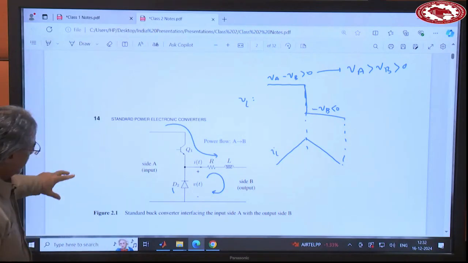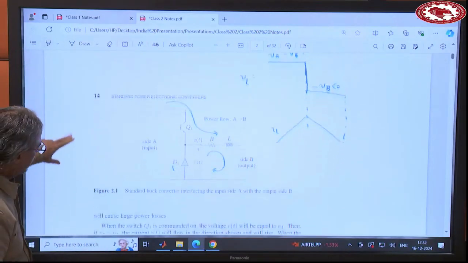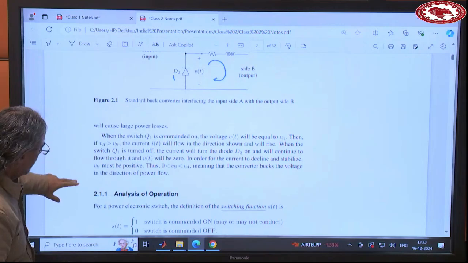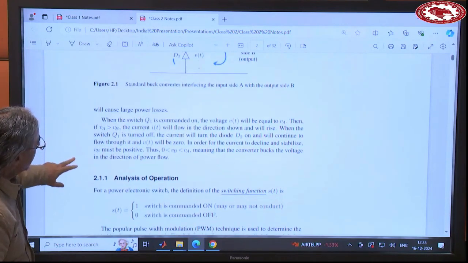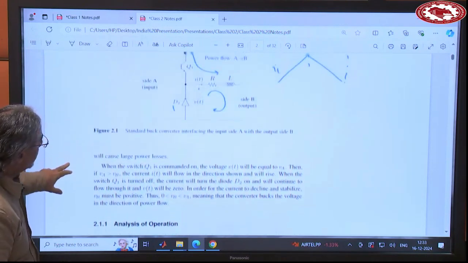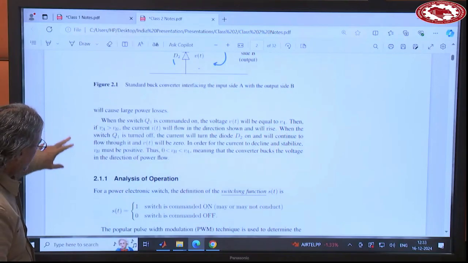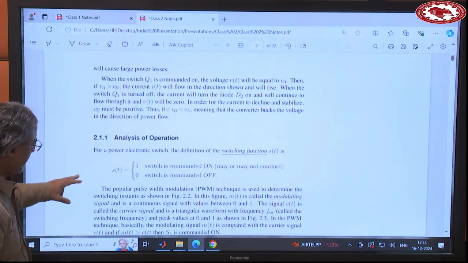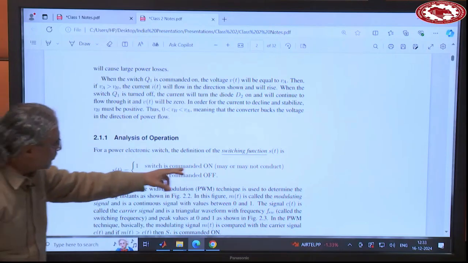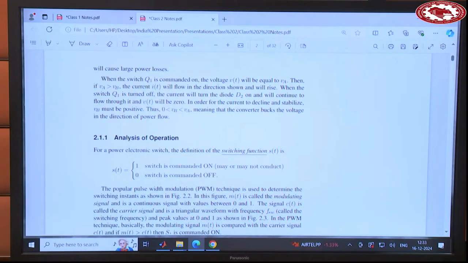So really I explained almost everything here, but if you go into details, first of all, in order to facilitate the control and modeling and analysis, we need to introduce the concept of switching function, a mathematical representation of how we turn on and off the switch.